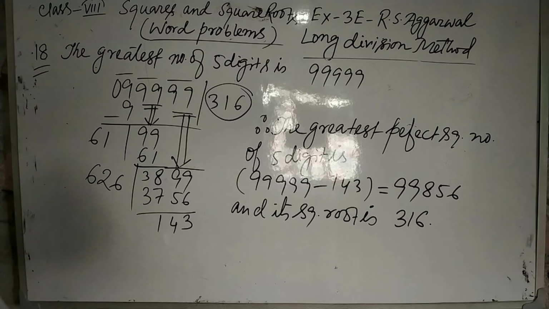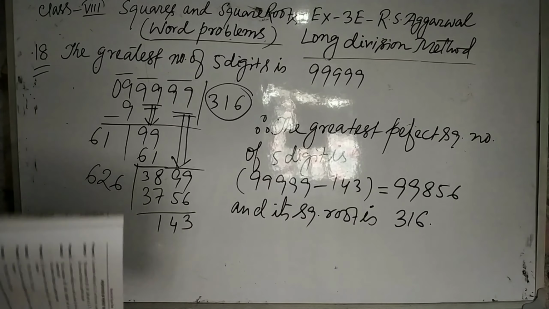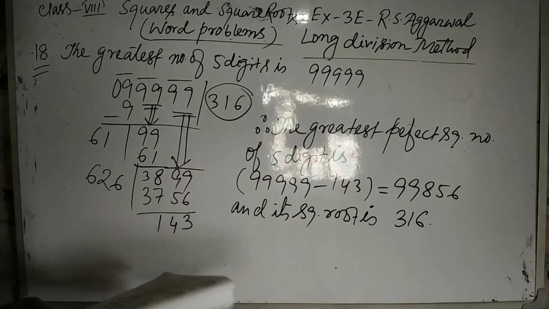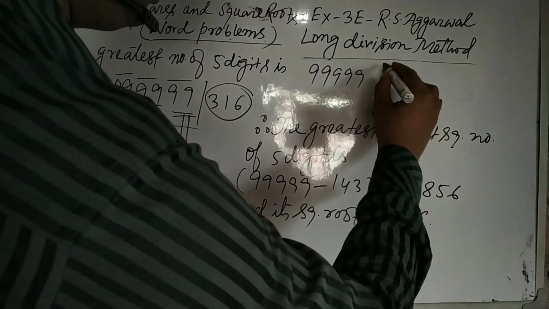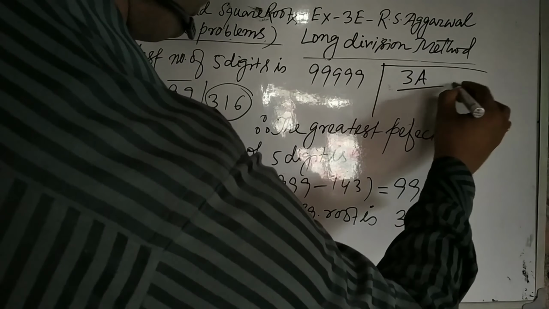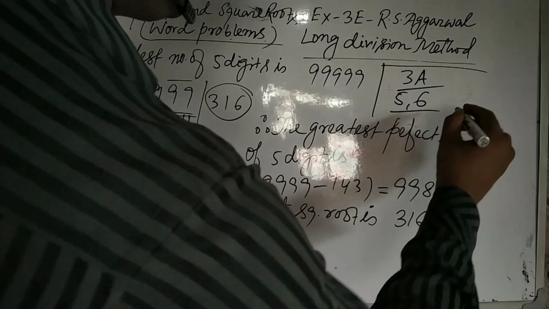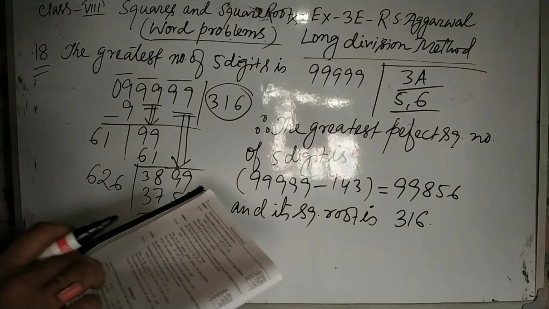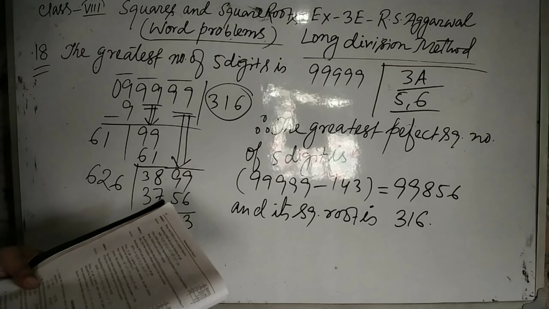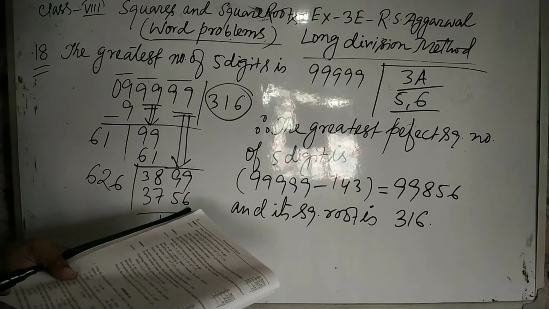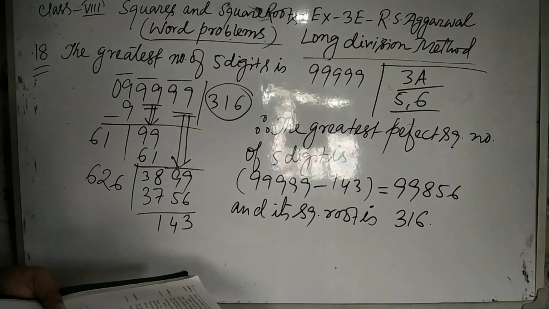In the first exercise, that is exercise 3A, we had two questions, question number 5 and question number 6, that were left when we did exercise 3A. Find the largest number of 2 digits which is a perfect square number.